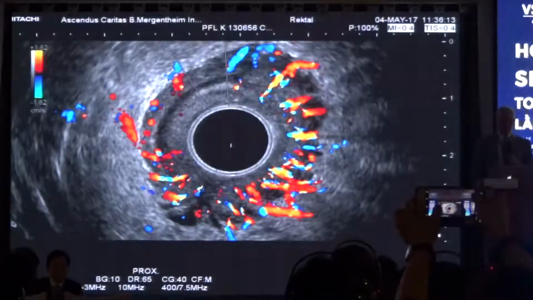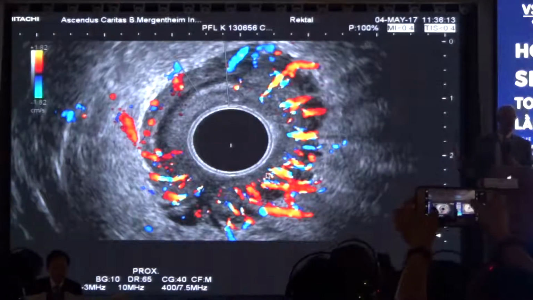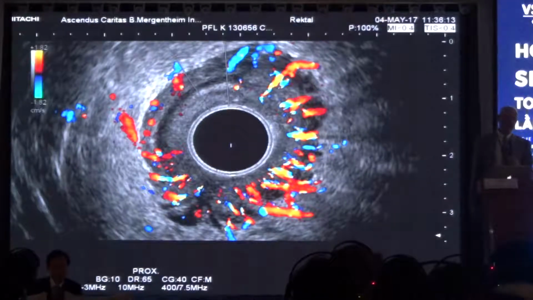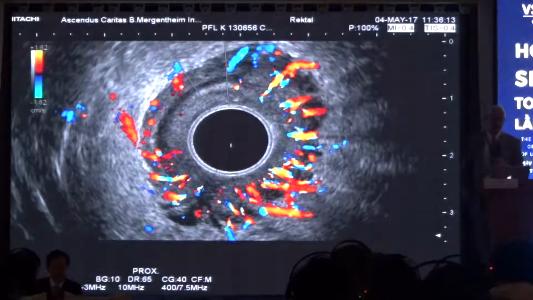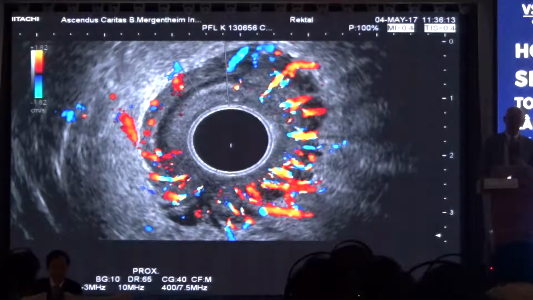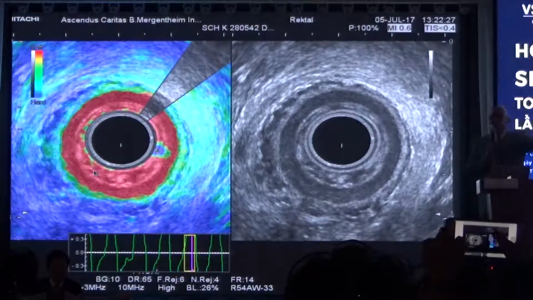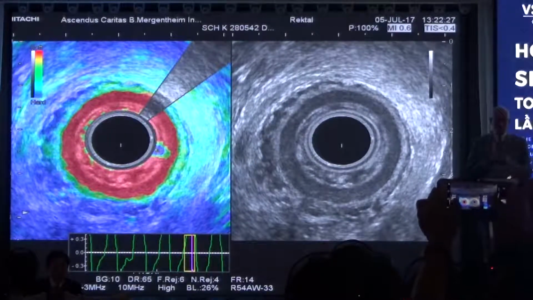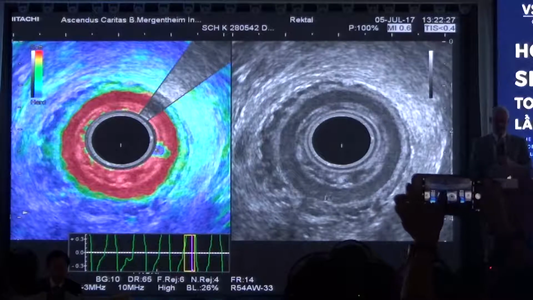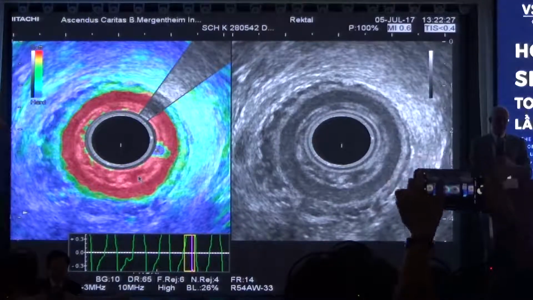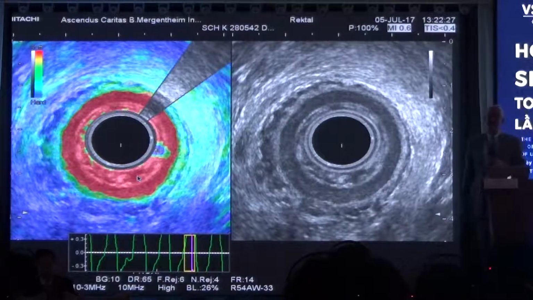In inflammation, we know quite well there are a lot of vessels, and such hypervascularity is a typical sign of inflammation. But be sure, the inflammatory changes of the inner sphincter you cannot see in the B mode, but you can see clearly in the elastographic image.